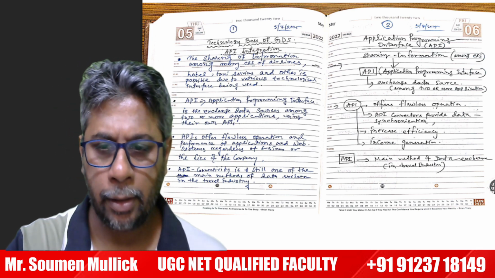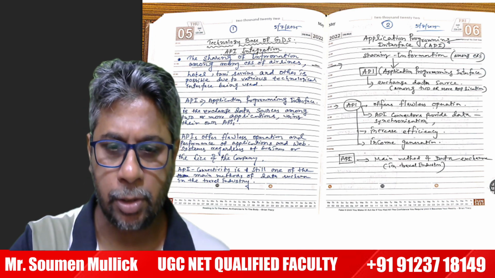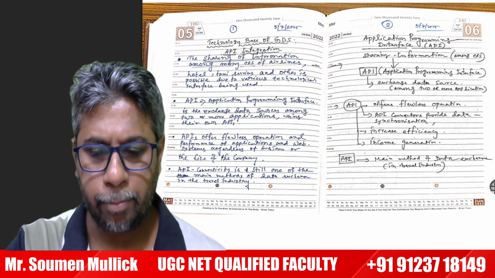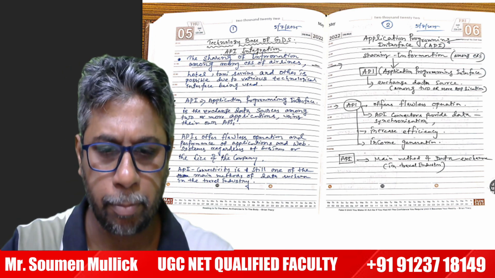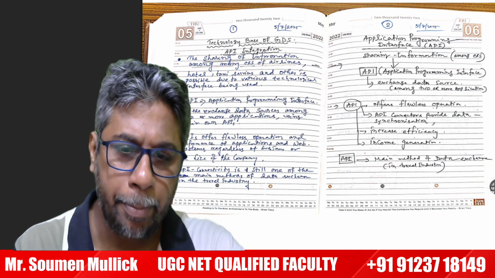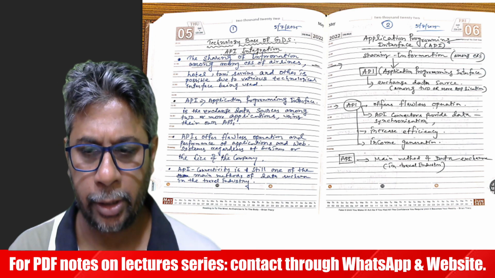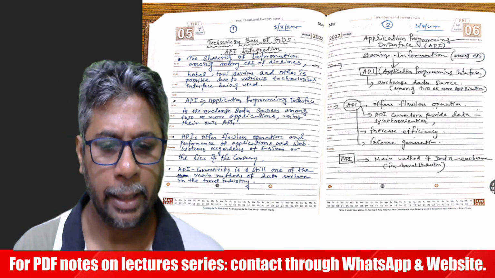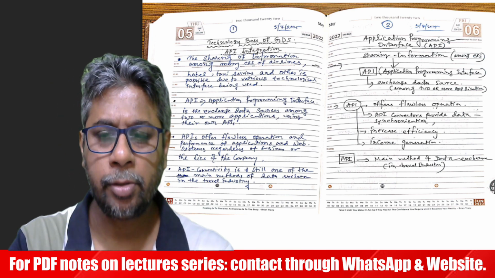So API offers flawless operation and performance of applications and web systems regardless of the business or the size of the company. So API connectors provide data synchronization, increase efficiency, and income generation across various sectors as well as the layers of an organization.